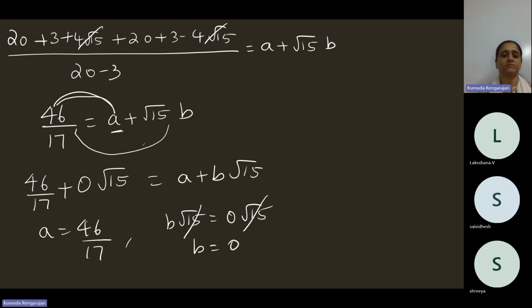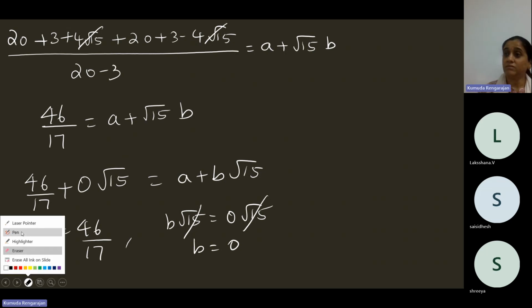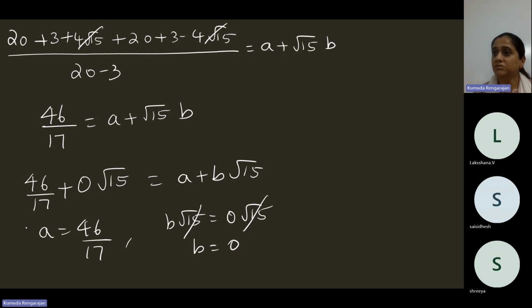Yeah, I do. Which method? You got 46 by... Actually, there also you have to put it together, no? Then how did you cancel 4 root 15 and minus 4 root 15 there? There also you have to cancel. Oh, I'll tell you something. I think you didn't write the 2ab term there.